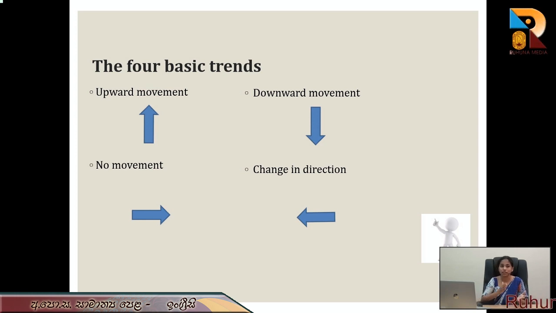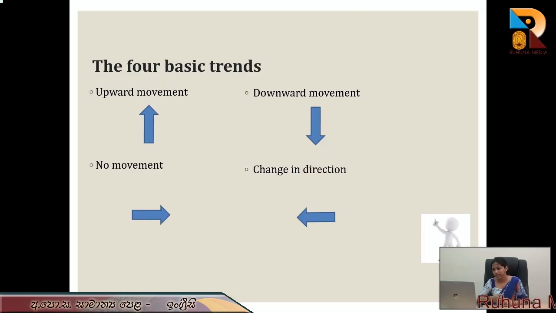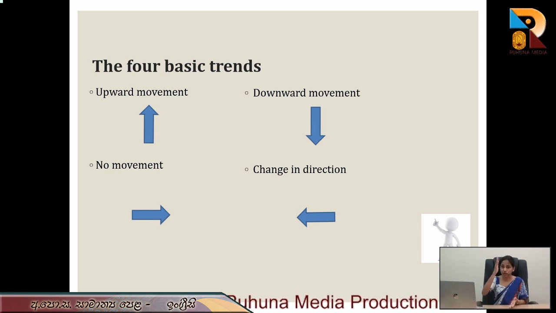It's like the element has been consistent for a period of time. So then you say there is no movement at all in that element, right? And then a change in direction, or we call it a change in the trend. Now, if something has increased or decreased drastically, that is a change in direction, right?